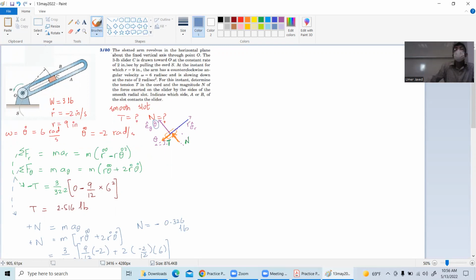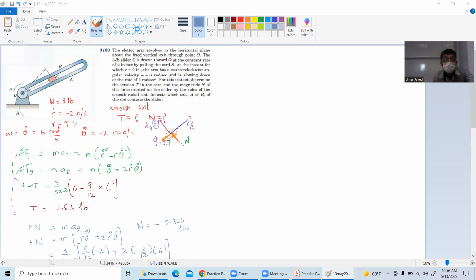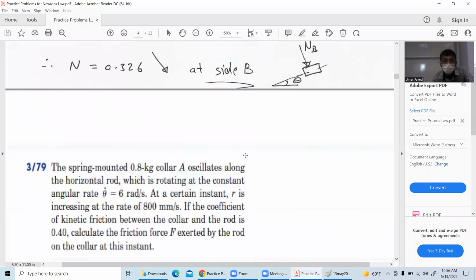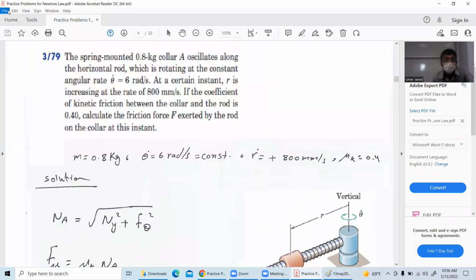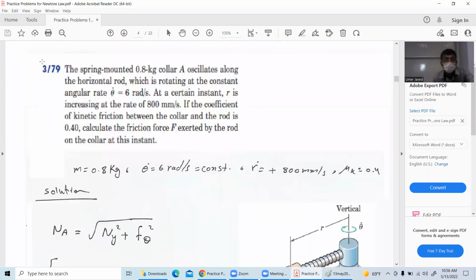Should I continue? Okay, why don't you do another problem for me quickly? So let me do a problem for you. Nice and beautiful problem. Probably few students might have already done this in your exam preparation.